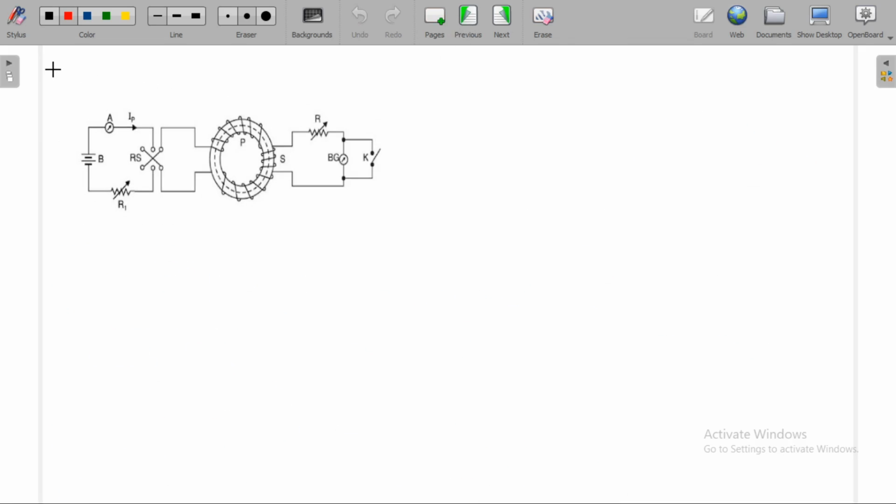Now coming to the determination of the BH curve, the determination of the hysteresis loop. Okay, now you're going to have the hysteresis loop.